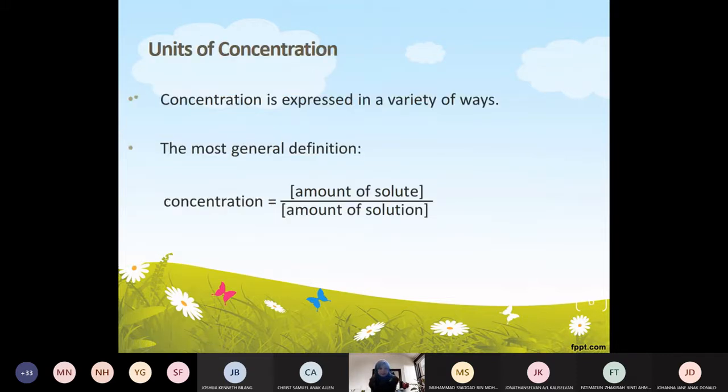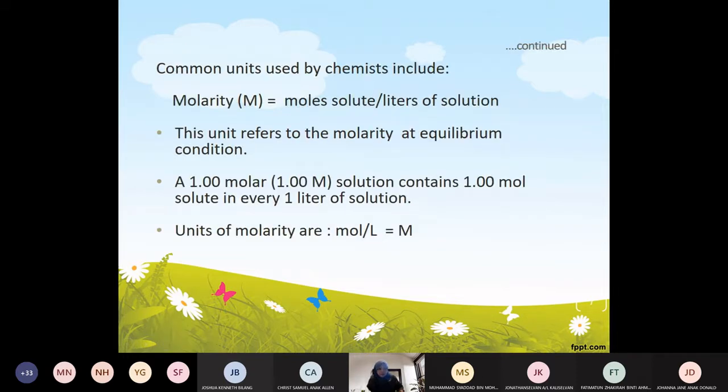So ini basic je. So the unit for concentration, the most general definition is the amount of solute in an amount of solution. You see the square bracket here, it refers to concentration. Now the most common unit used by chemists is molarity. You will see this unit throughout this semester.